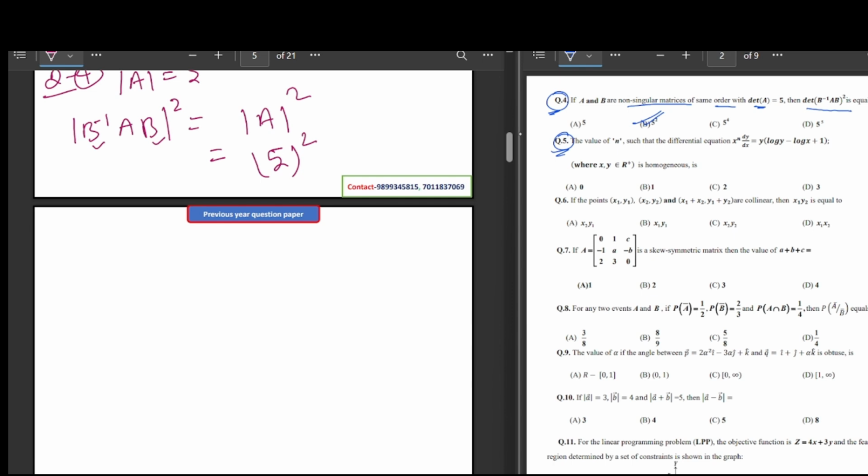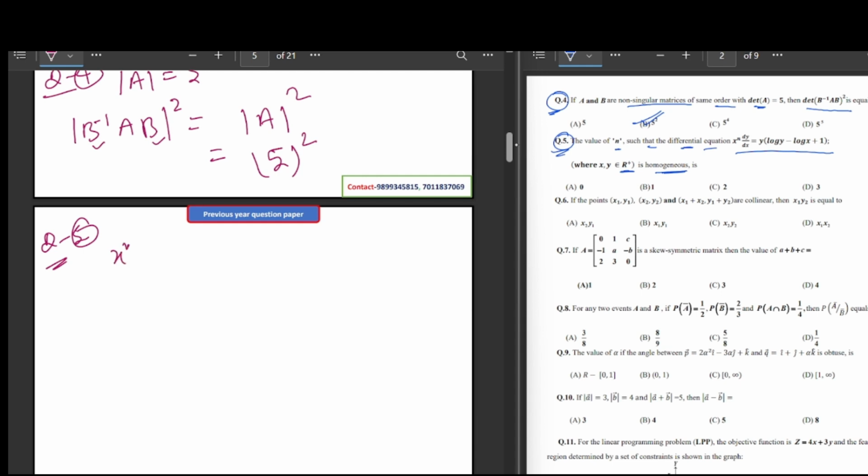Question number 5. So the value of n such that the differential equation, this is given, where x, y belong to positive real numbers, is homogeneous. So for which value this function will be homogeneous, we have to find this. We all know for a homogeneous function, first of all find the differentiation of this equation.